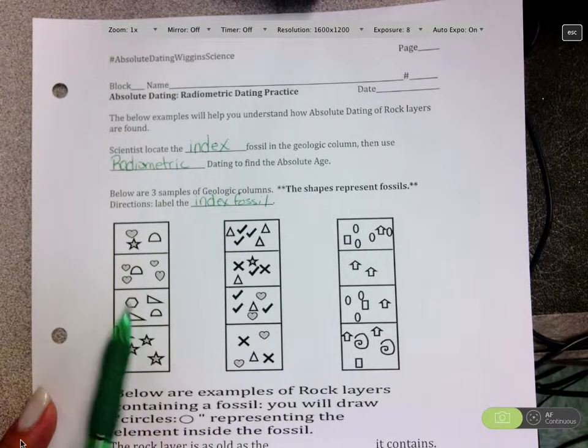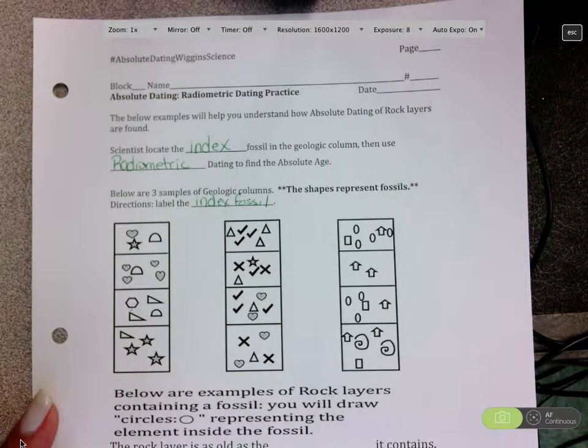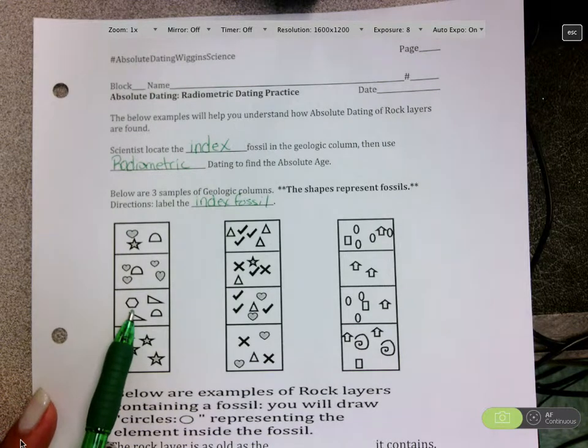What if there were 6 hexagons here? Would it still be an index fossil? Yes. Because it's still only found in one geologic layer. The index fossil does not say there's only one fossil. It says it's found in one geologic layer. Because, remember, this represents past life. If we only found one fossil there, that would mean only one living thing.